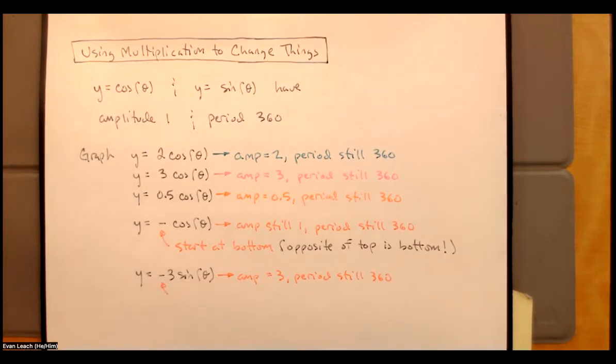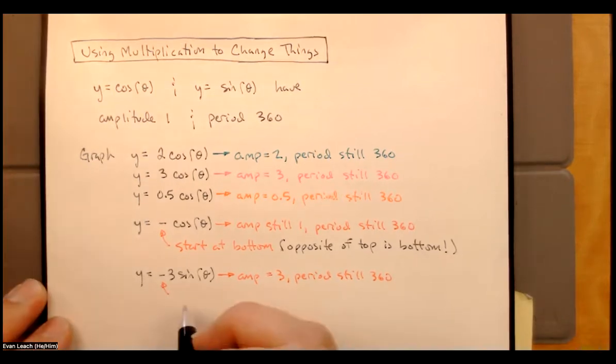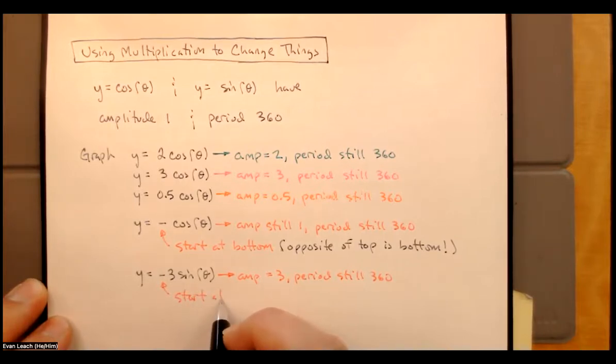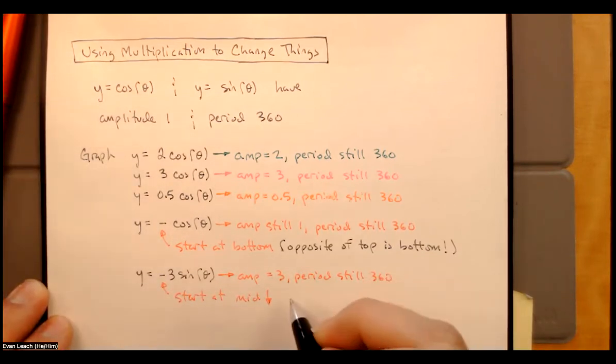But now, instead of starting off the mid going up, we're starting off the opposite of the mid going up because we multiplied by -1, and that's what -1s do. They change to the opposite. So we start at the mid going down, because the opposite of the mid going up is the mid going down.